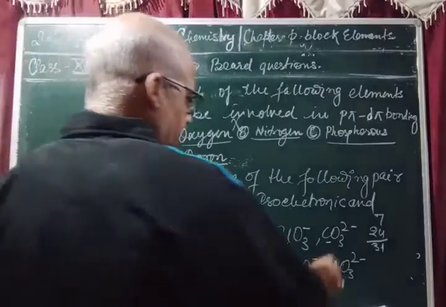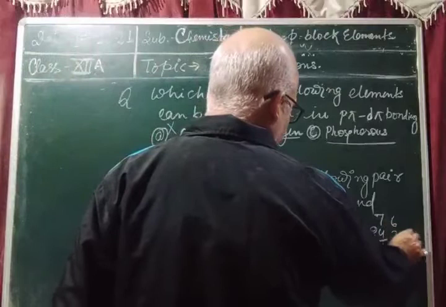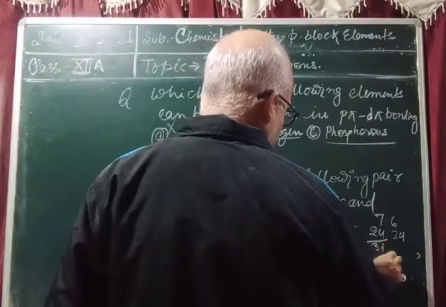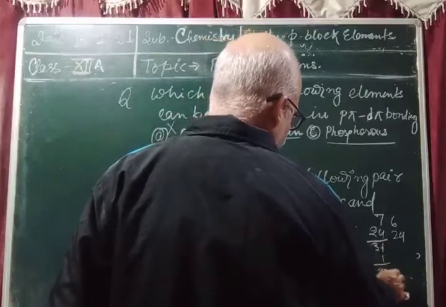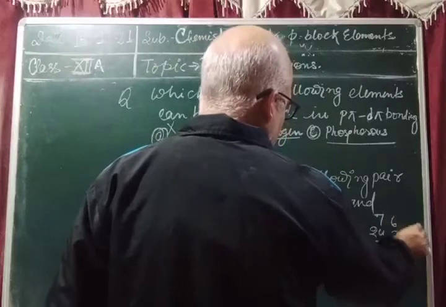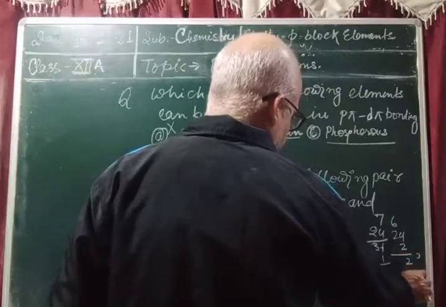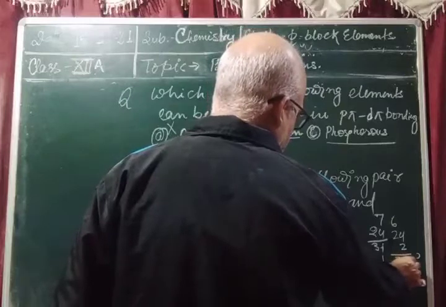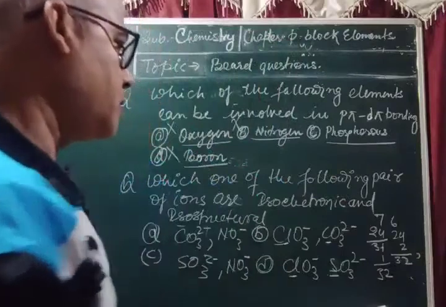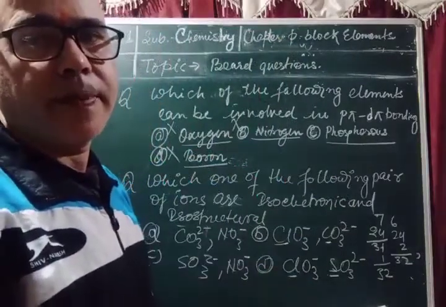And in case of this, here is 6 plus 24. Here is one more ion. Here will be 32 and 2 minus ion. Number of electrons in both are same, but structure is not same.